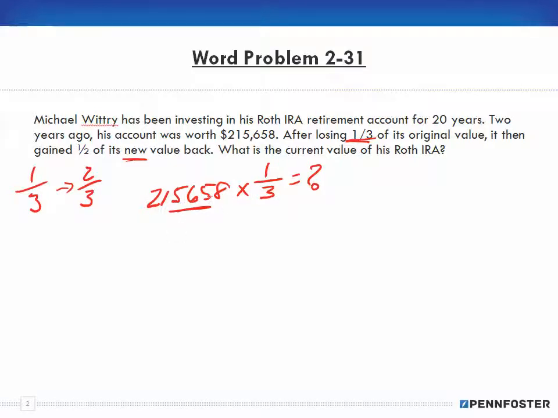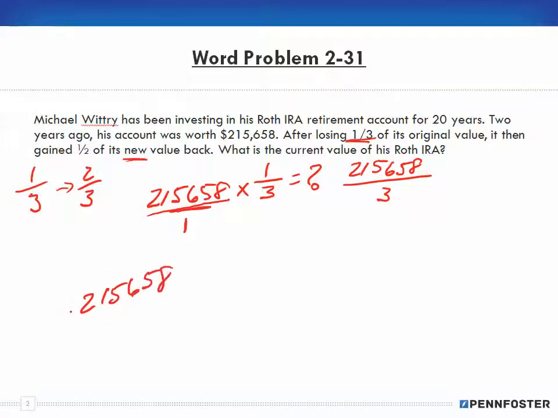So I have 215,658 times 1/3. That means 215,658 times 1 is 215,658. And remember that any whole number, to create a fraction, you put it over 1 because that's the same number. So 1 times 3, the denominators are 1 and 3, gives you 3. And I divide 3 into the 215,658.